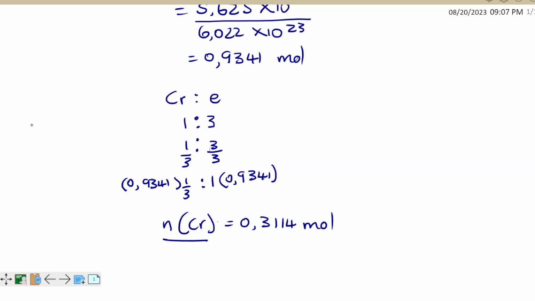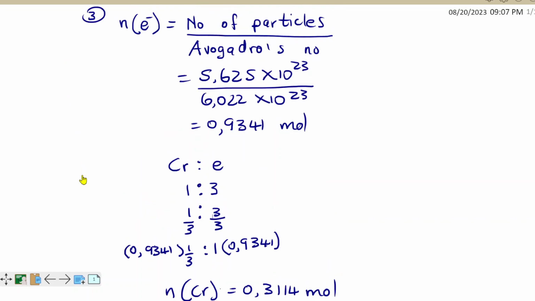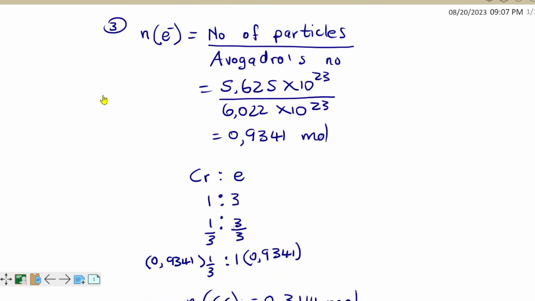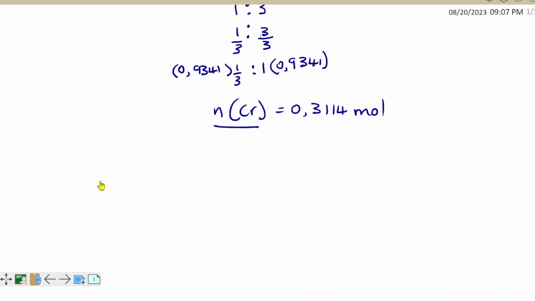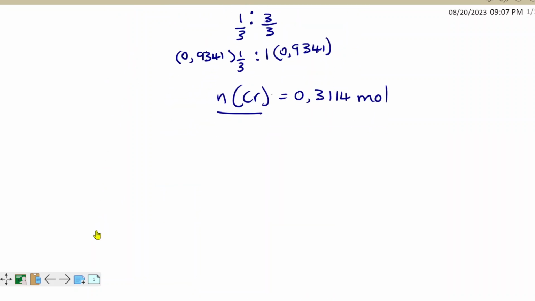So we are in calculation number 4. Calculation number 4, we said now we find the mass. So the mass of the chromium is equal to the number of moles of the chromium multiplied by the molar mass. Remember, on that answer we're going to add 2,2 grams.